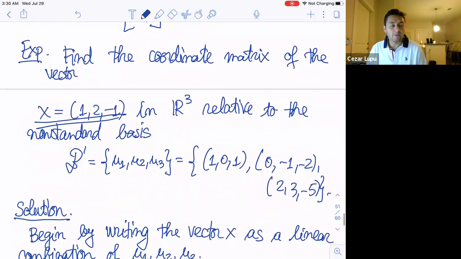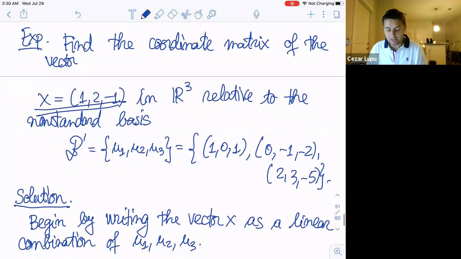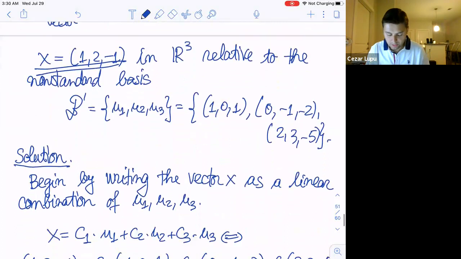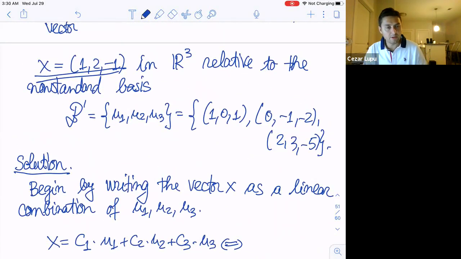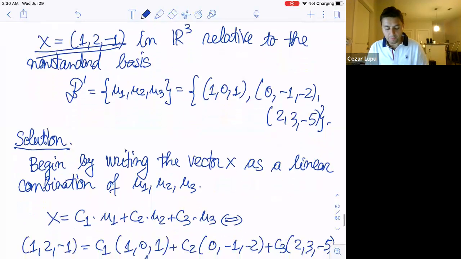The first thing I need to do is to write vector x as a linear combination of these vectors in this non-standard basis B prime. So x equals C1 U1 plus C2 U2 plus C3 U3. And again, we're doing all these computations here.